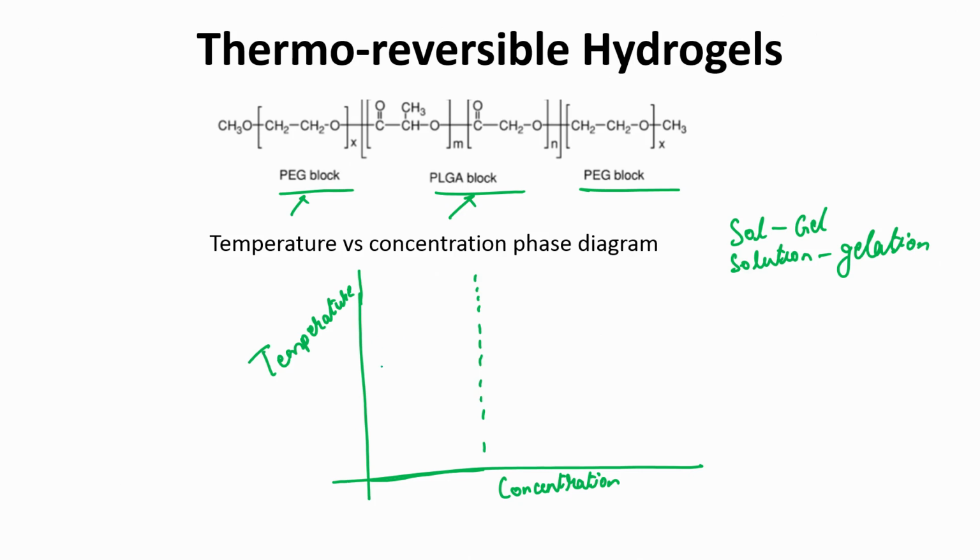So, that means that it will all be in a solution phase no matter what the temperature is. Now, as the concentration increases and it reaches an amount where it can form a gel, depending on what the temperature is, let us say here is a point that at a certain temperature, at a certain concentration, it exists as a gel phase.